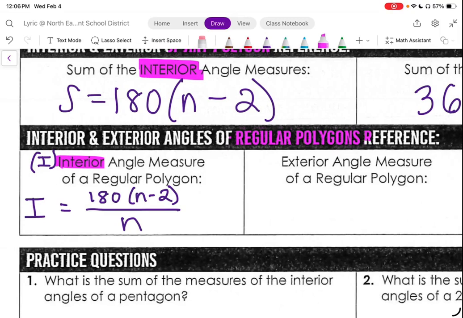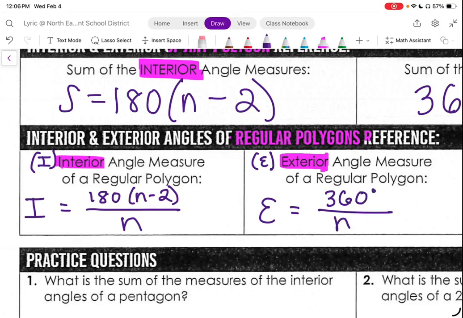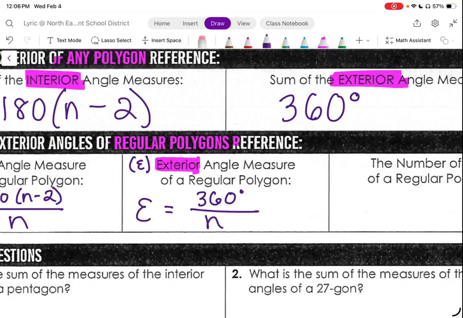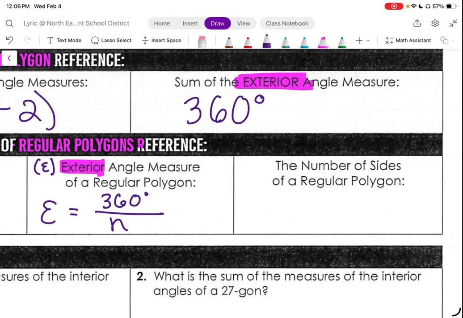The next one is the exterior angle measure of any regular polygon, E for exterior. It is equal to the total exterior angle measure, 360, divided by the number of sides, n. And the last one is the number of sides of a regular polygon, represented by the letter n.